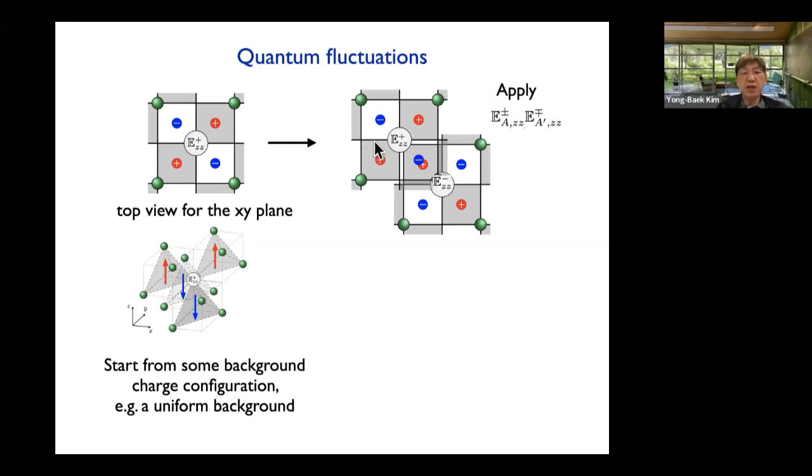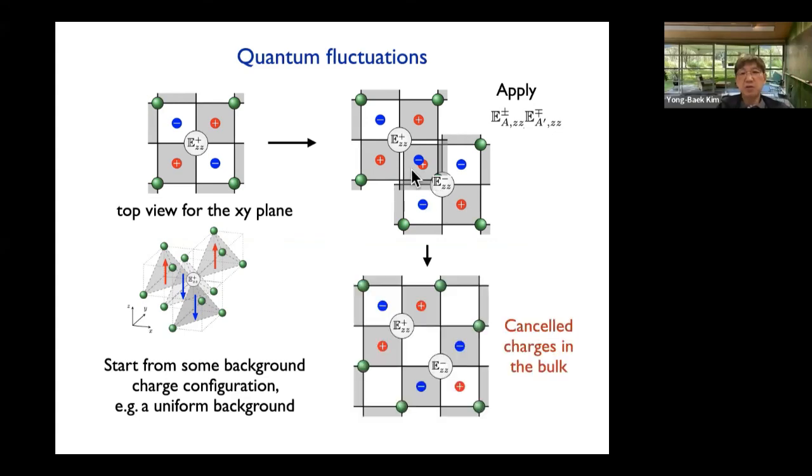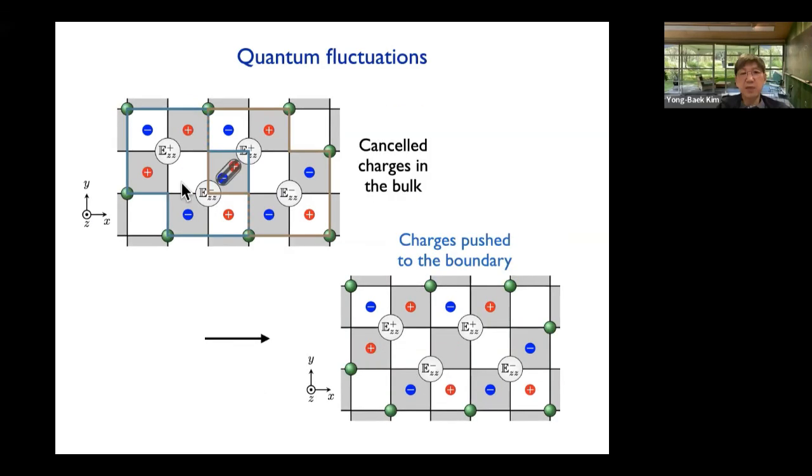If you apply E plus and E minus at a nearby a tetrahedron location, then by creating this overlapping quadrupolar configuration of charges, you cancel the excitation in the middle. If you keep applying raising and lowering operators, you keep canceling the charges at the center, so you keep creating more charges at the boundary, but the central part becomes void.